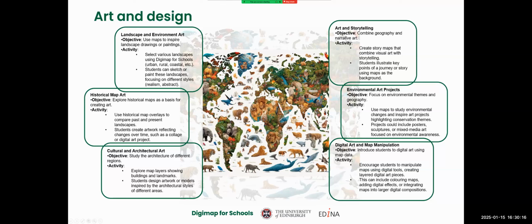But yeah, they could actually create that themselves. So there are, again, lots of activities you can use for art and design, and an endless source of activities that you can use with maps and map manipulation, and also to understand cultural and architectural designs, where they are, point them out in the map.